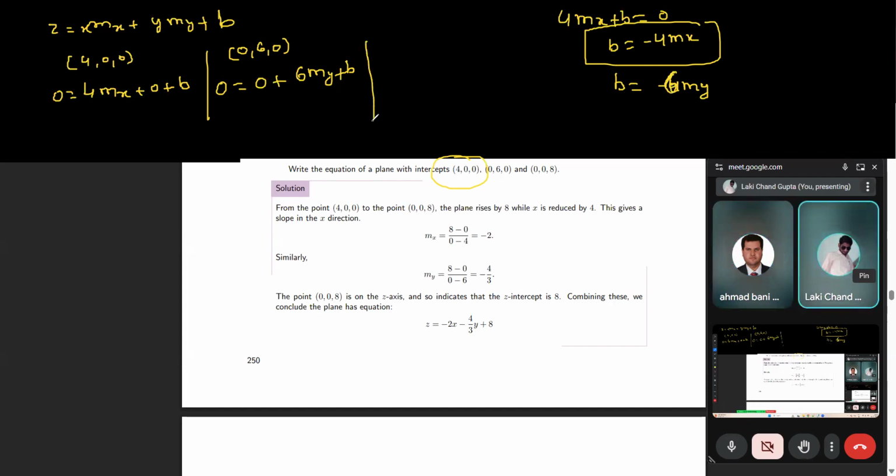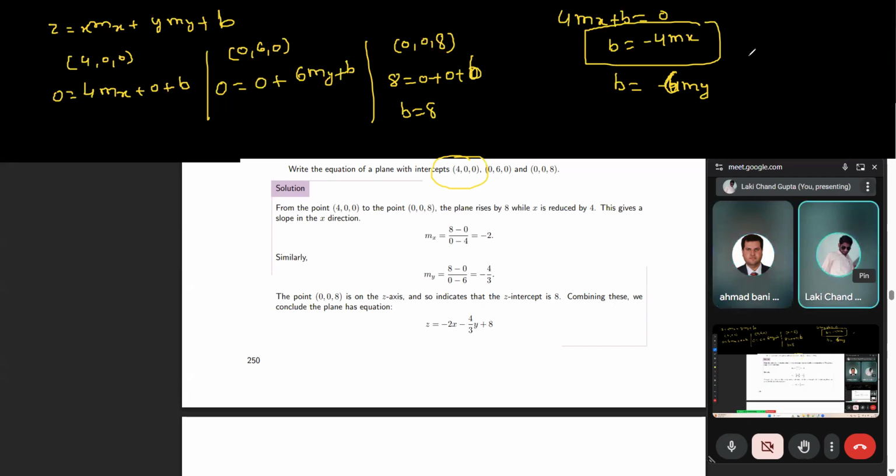Okay. What is the third point? So you got B is equal to 8. Right?